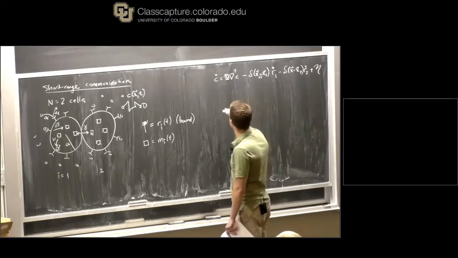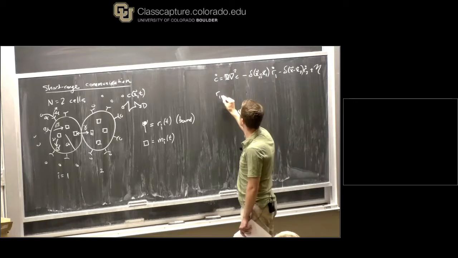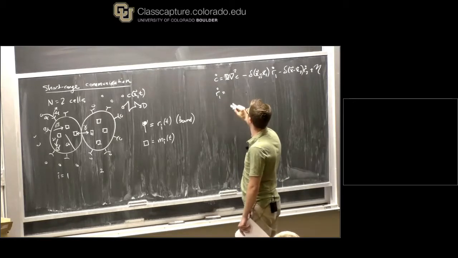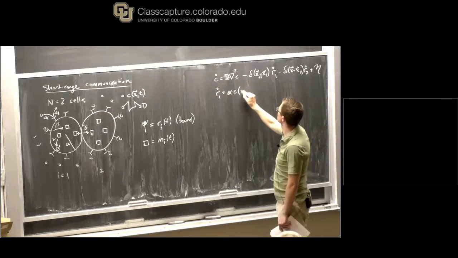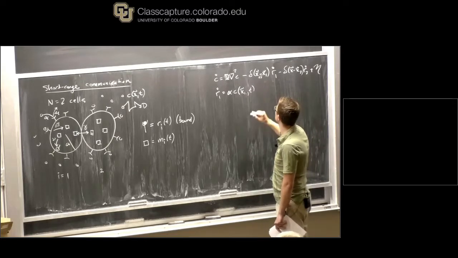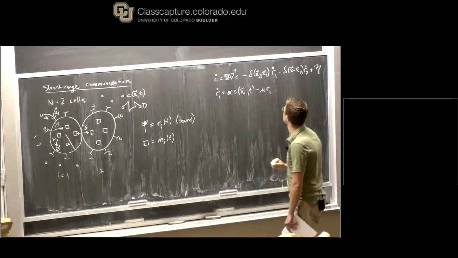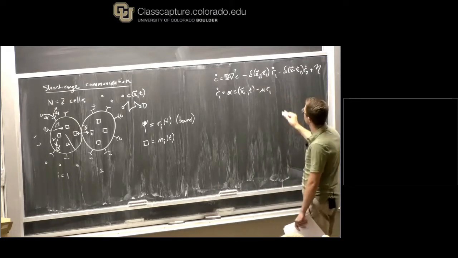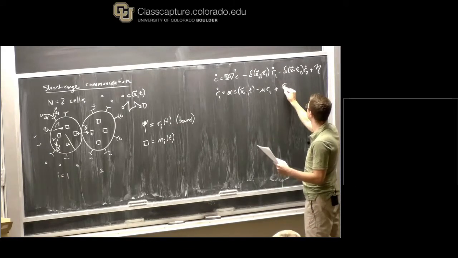Okay. So I need to tell you what the dynamics of the receptors are. So R1, for example, is alpha times the concentration at position 1 and time t, minus mu times R1, and it also has its own noise term, which I called eta 1.